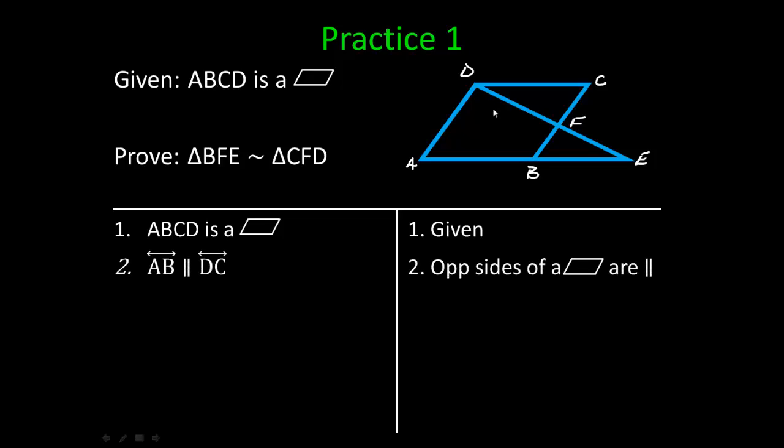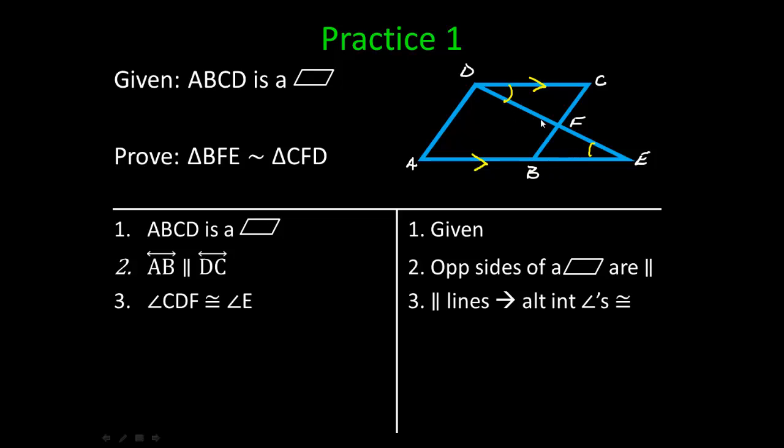Well, we could say that AB is parallel to DC because opposite sides of a parallelogram are parallel, which would then allow us to say that angle CDF, that right there, is congruent to angle E. And that's because if you have parallel lines, then their alternate interior angles are congruent. Then we could say angle DFC is congruent to angle EFB because vertical angles are congruent.